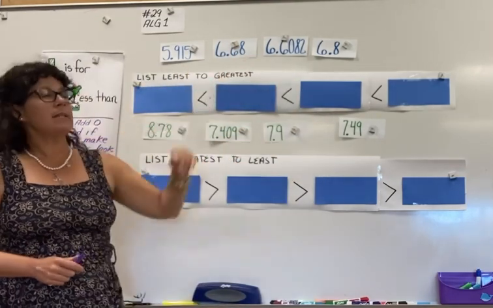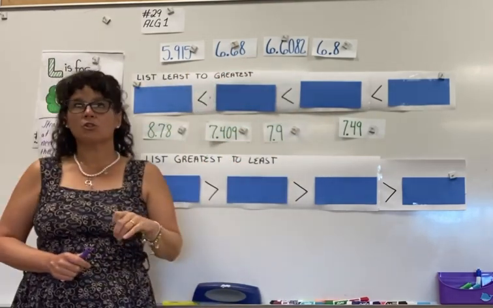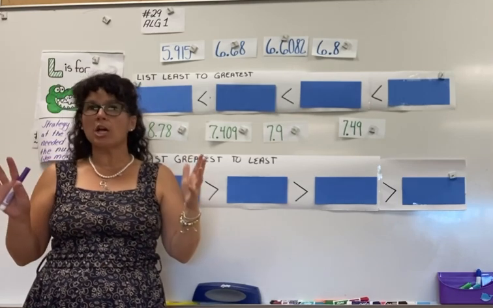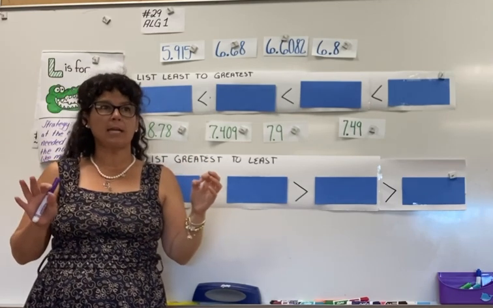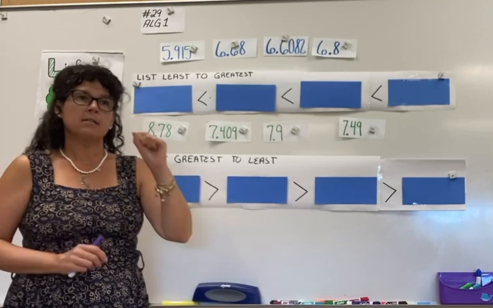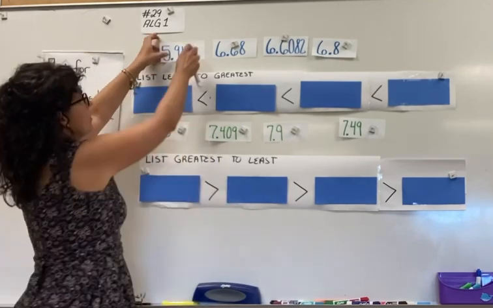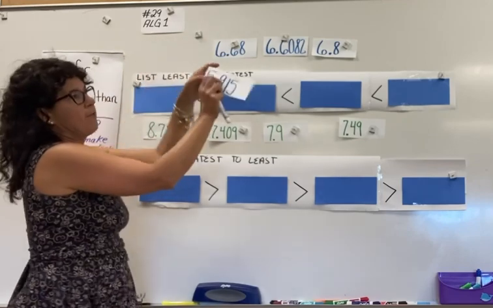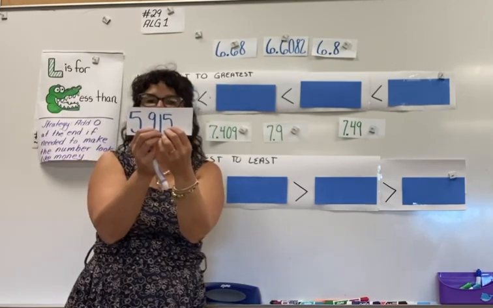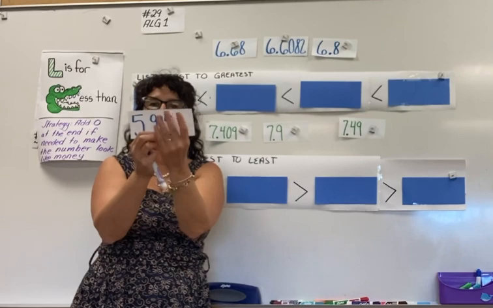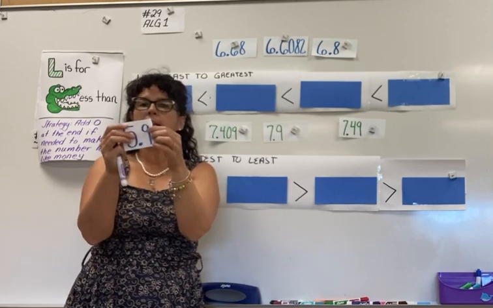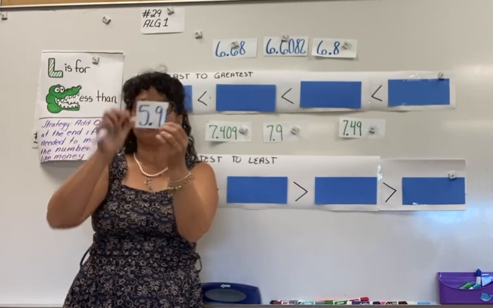Okay, now when I look at these numbers up here, we're gonna use that strategy again where you just focus on the money. And money only goes out 2 decimal places. So in this one right here, if I fold this one back, instead of being 0.915, I'm going to just ignore the number 5.